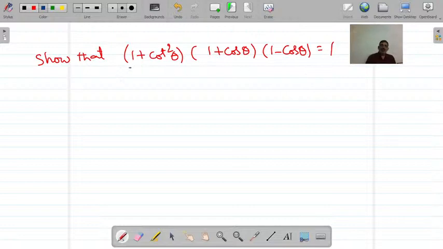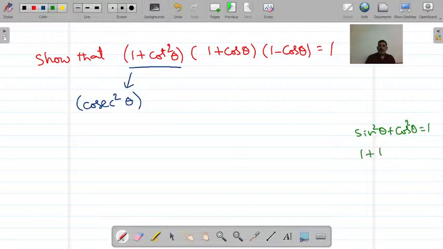First, you check this 1 plus cot square theta. What is it equal to? Easily we can recollect that this is identity 3: 1 plus cot square theta is cosecant square theta. If you want, I will write them here again. First one is sin square theta plus cos square theta is equal to 1.